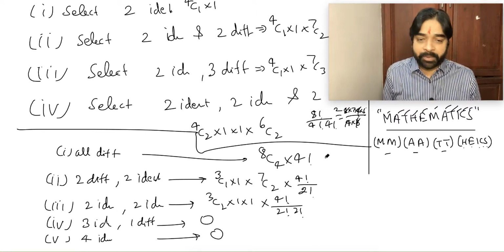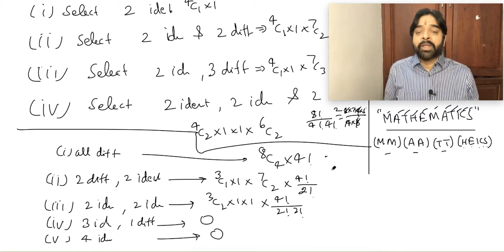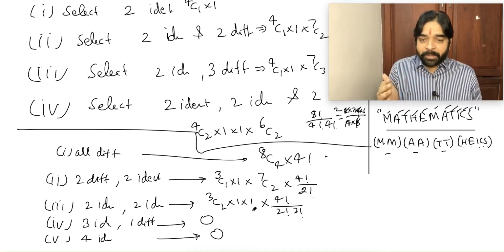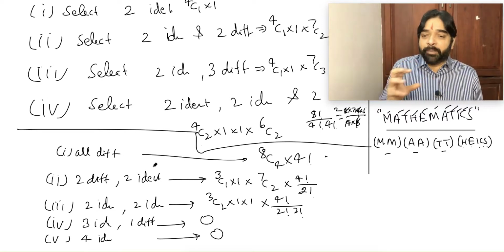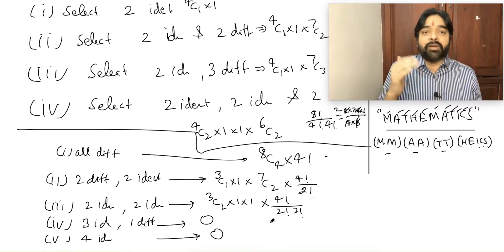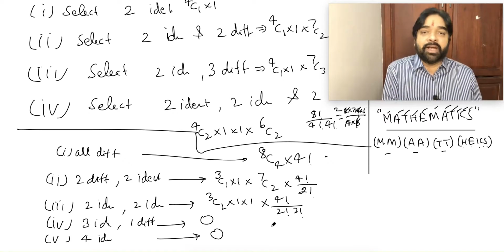That's all. I am not doing that calculation, it will be lengthy. But this answer plus this answer, plus the others, because either these 4 different will be there, or this, or this, or this. So between them there will be addition. So that will be the final answer.